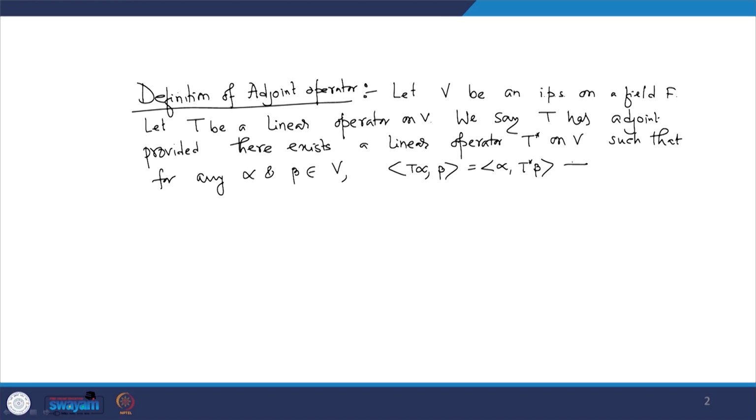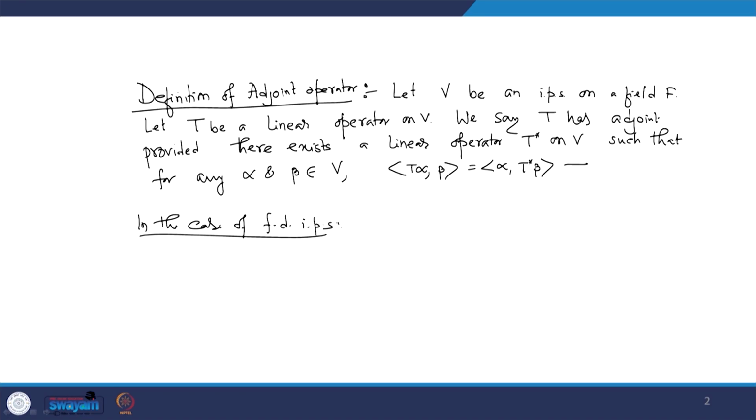In the case of a finite dimensional inner product space, the adjoint operator exists for every linear operator on it.